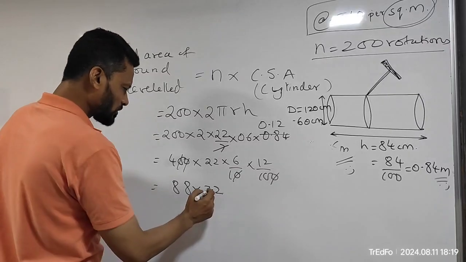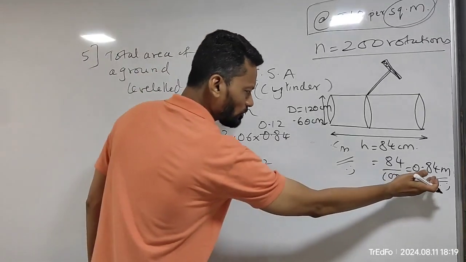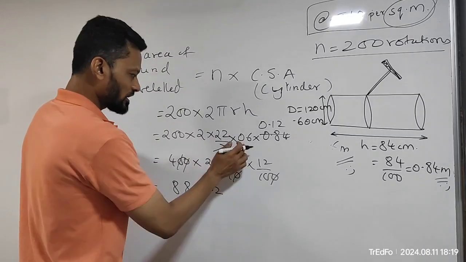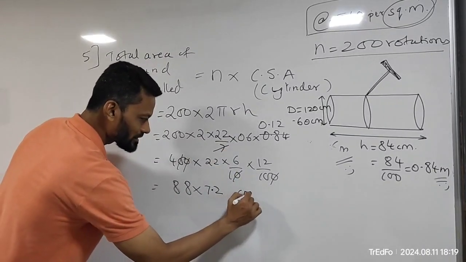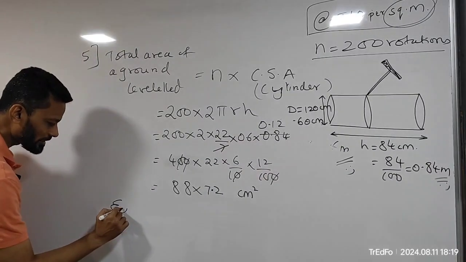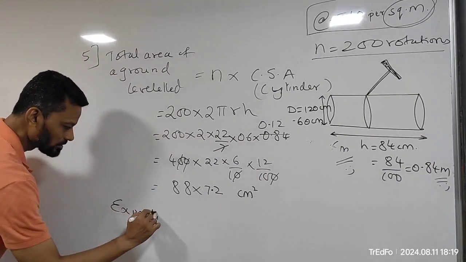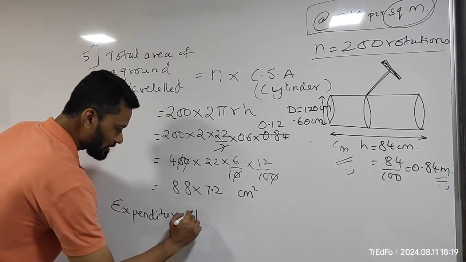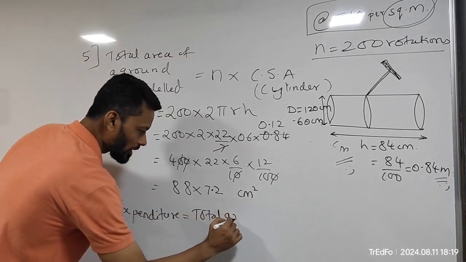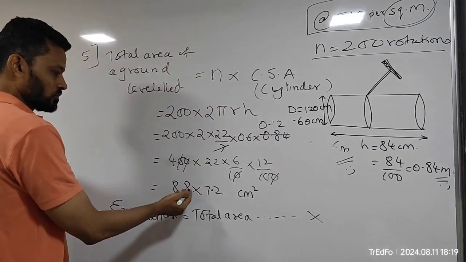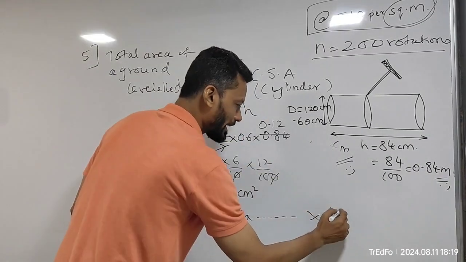Multiply, get the answer. We took this as meter, this as meter also, so I'm going to get this answer in meter square. The question asks what is the expenditure? So we write expenditure is equal to total area into rate, that is 10.